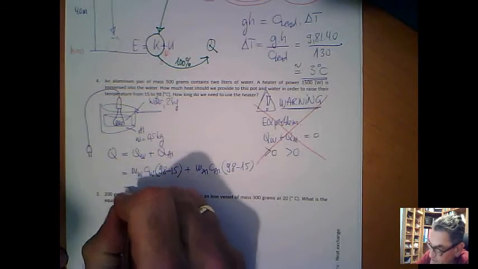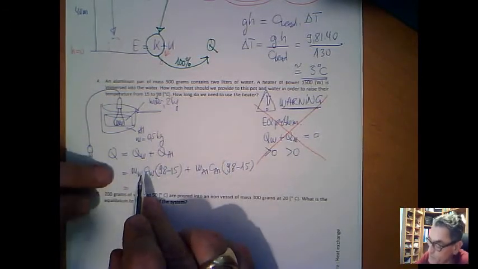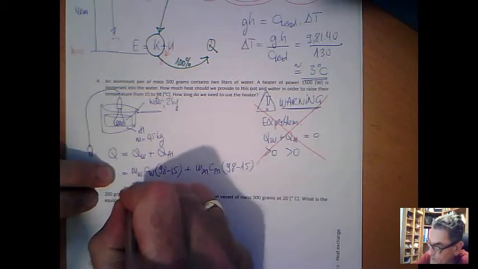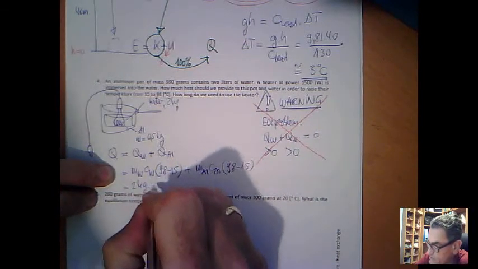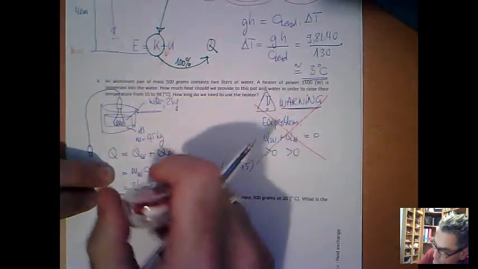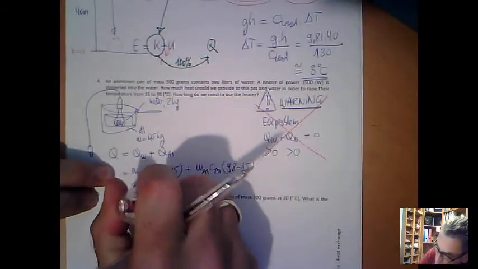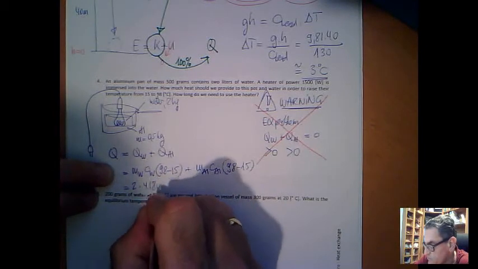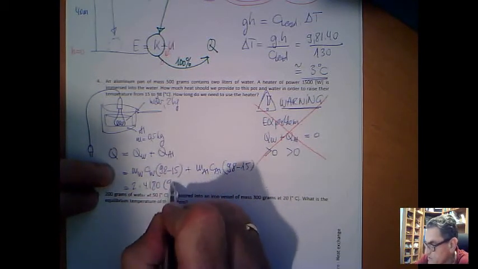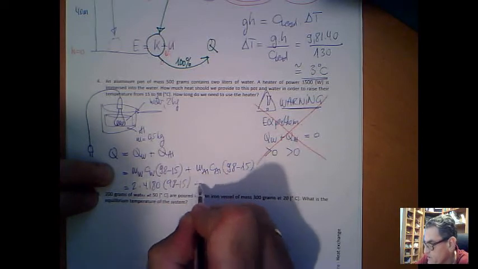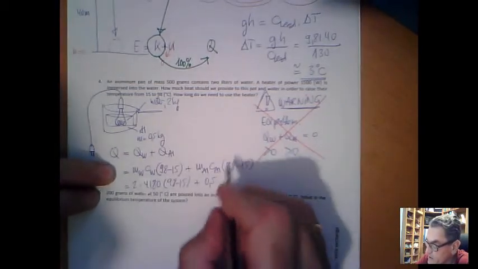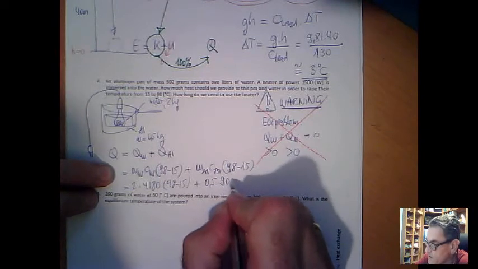Okay, so let's compute now. The mass of the water is 2 kilograms. We have 2 liters. That's 2 kilos. Sorry, I put the unit now. That's 2 kilograms of water times the C of water times 98 minus 15, plus the mass of the aluminium, half a kilo, times the C of the aluminium.